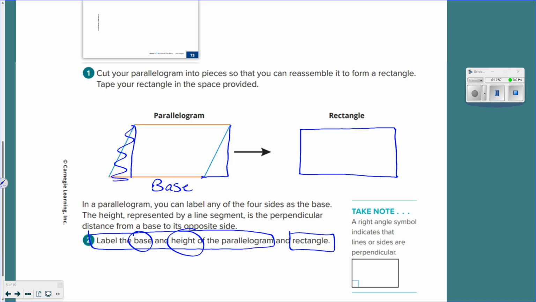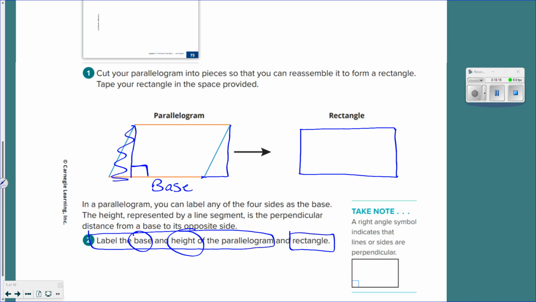That won't always work. Sometimes your shapes are sideways or all kinds of different ways. But normally we say it's the bottom. So what makes the height of the parallelogram? The opposite side of the... So this would be the height? No. The perpendicular side that makes a right angle with the base.